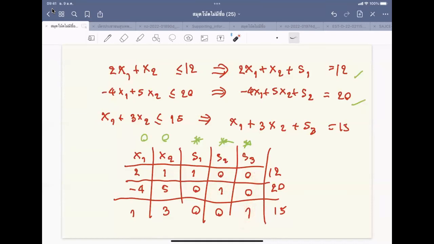Or you can look at the row: for the basic variable, this is 1 and the rest are 0. Okay. Yes, sir. Okay, we move back to the slide.